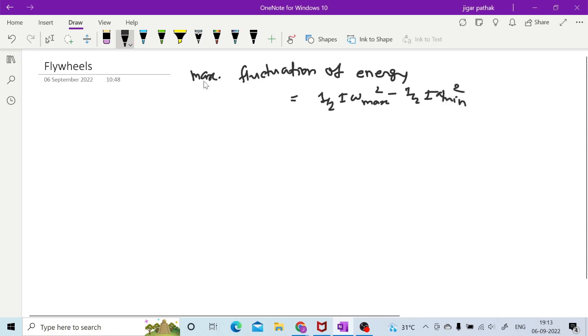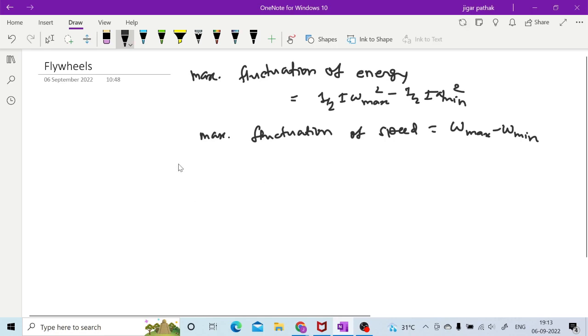So you can achieve this maximum fluctuation of energy with this, and you can also have maximum fluctuation of speed, right? We are talking about this flywheel. So here omega max and omega mean is related to your flywheel. This inertia is also related to your flywheel. So this is how you can have maximum fluctuation of energy, then maximum fluctuation of speed, right?